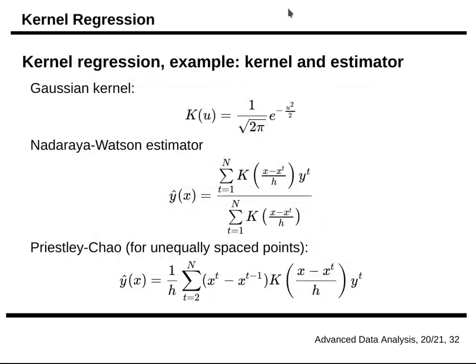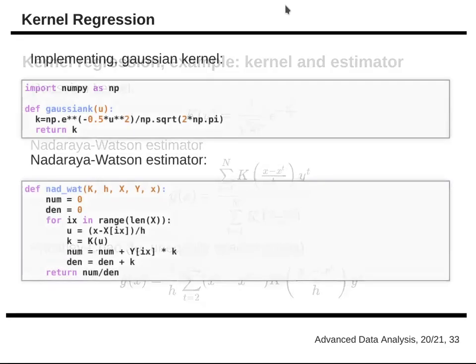There are other estimators. For example, Priestley-Chao also uses this term here so that we can take into account the distance between the x coordinates of the points. This is better when points are unequally spaced. And there are other estimators that you can use. We are not going to worry too much about this. We're going to use just the more intuitive and simpler one, the Nadaraya-Watson estimator.